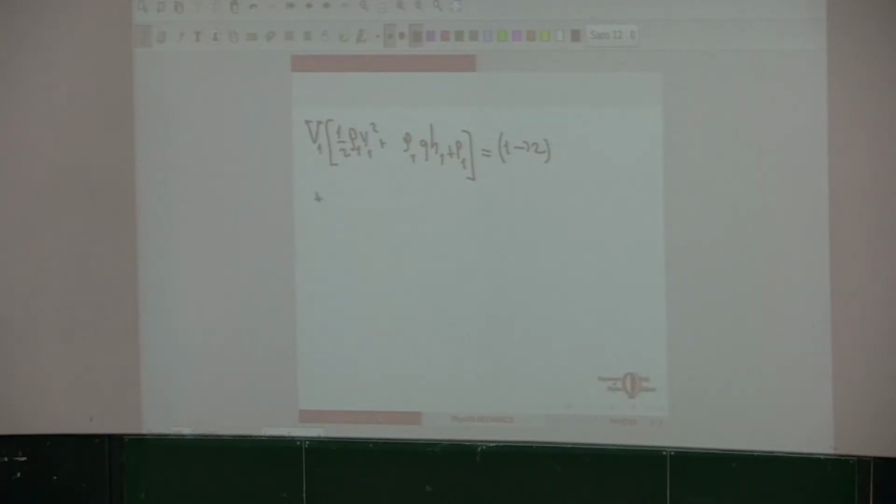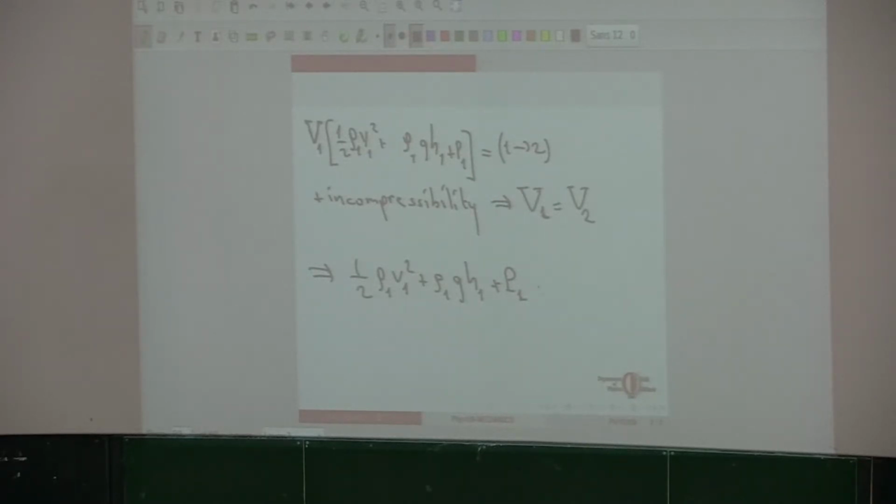If we add the incompressibility, it just tells me that V1 is equal to V2. But this means 1/2 rho 1 times V1 squared, this is the speed V1, plus rho 1 g h1 plus the pressure at point 1 has to be the same throughout the flow.